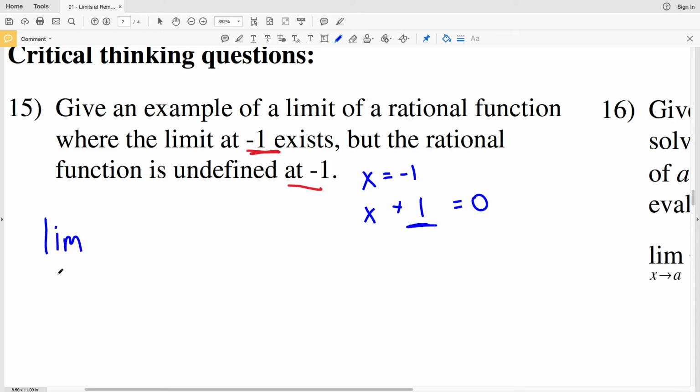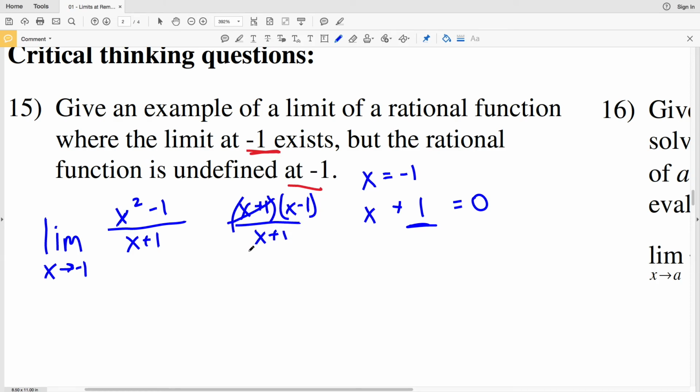So I'll have the limit of my function as x approaches negative 1. And my denominator, I'll have x plus 1. And for my numerator, I'll make that x squared minus 1. Which, if I was to factor x squared minus 1 out, I would get x plus 1 times x minus 1. So that would be all over my denominator of x plus 1.